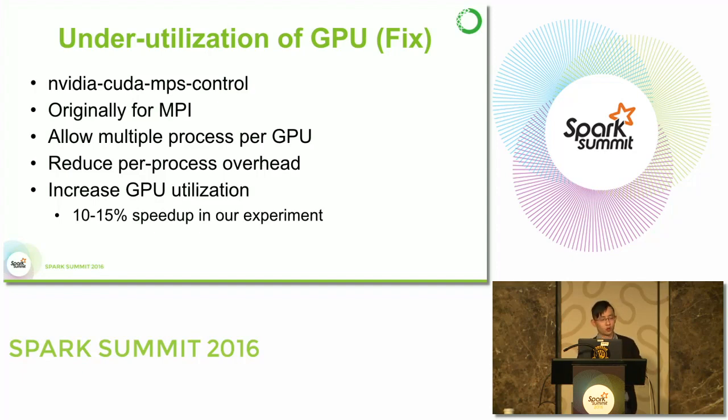It was originally designed for MPI by NVIDIA. Yet it acts as a GPU task server that merges all the GPU kernel launches into one process and then launches from that process. Another benefit of using MPS is that it tends to reduce the memory footprint, the memory overhead, for each worker process that uses the GPU.